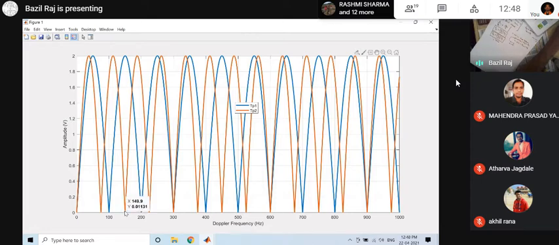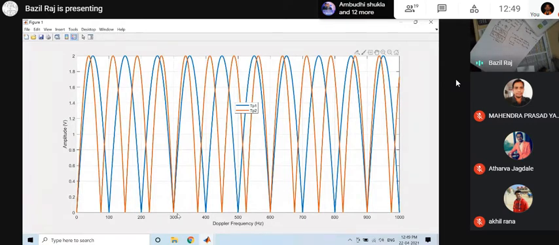You see there 150, then 150 plus 75, 225, and in the order of multiples of n. I mean, the multiples of FP1 are the blind speeds corresponding to the first PRF, and multiples of FP2 are the blind speeds for the second PRF.